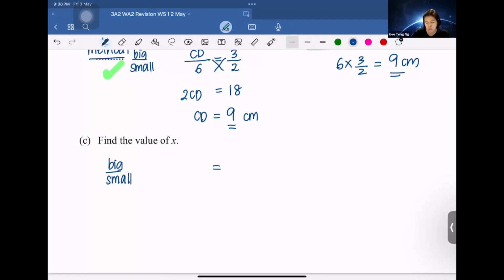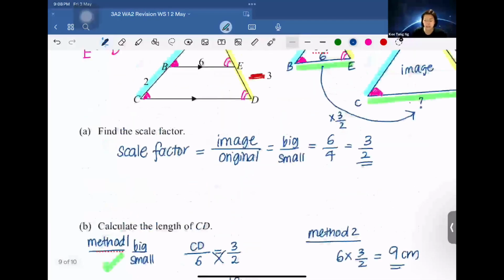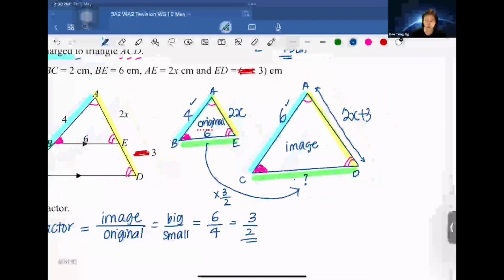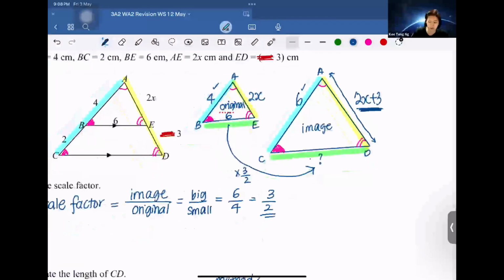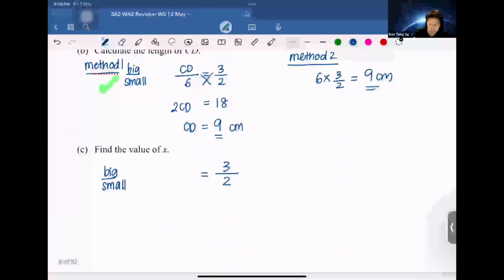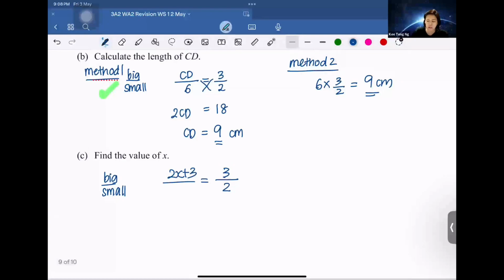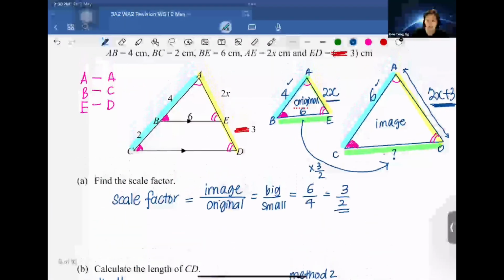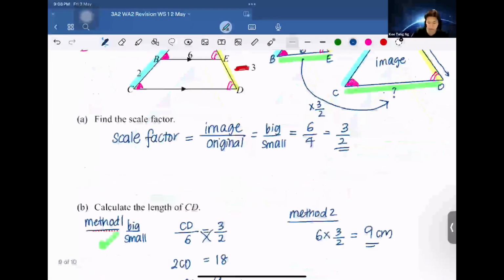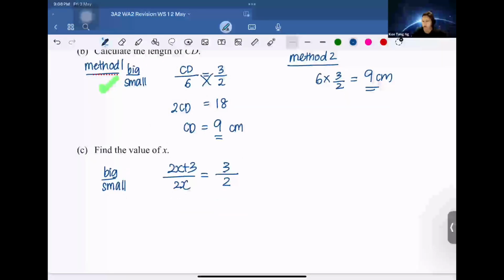Taking the bigger length, the larger side, which involves the x, that will be 2x plus 3, over the side involving the smaller length, which is 2x. Then I'll equate it to the ratio 3/2.